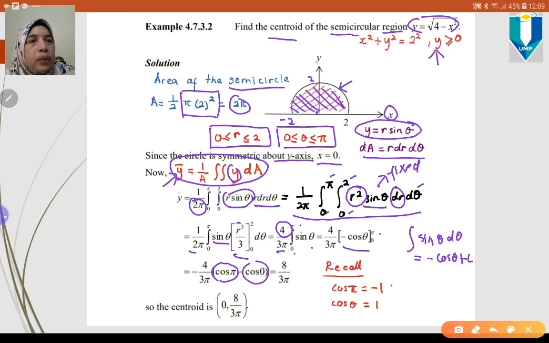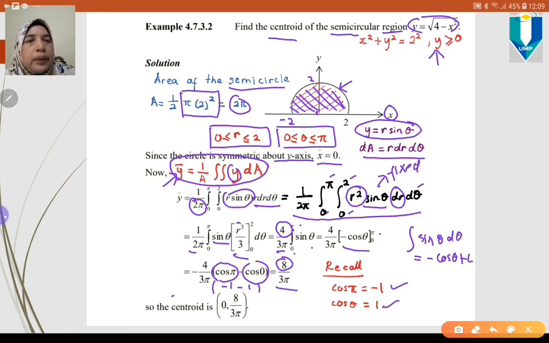You should know that cos π is minus 1 and cos 0 is 1. So when you substitute, you get negative 1 minus 1, so in the square bracket you get minus 2. You multiply by minus 4 to give you 8. So that will give your answer for y bar.